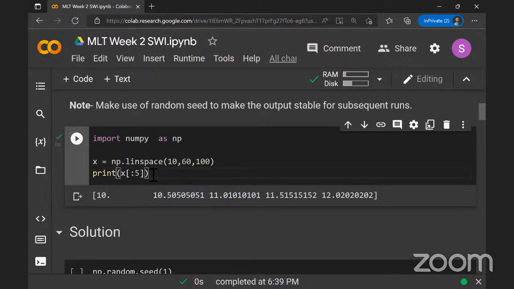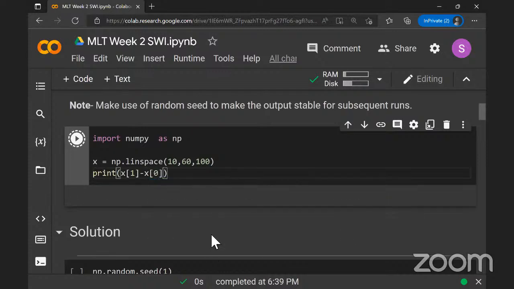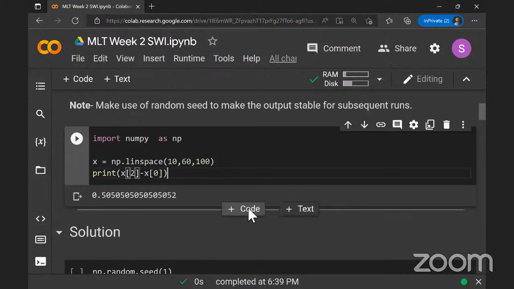So how would you check that they are uniformly distributed? You can simply subtract consecutive numbers and see if the difference comes out to be the same. The difference between first and second number is this much. It should remain the same for the second and third number. It is still the same. So you can do this.